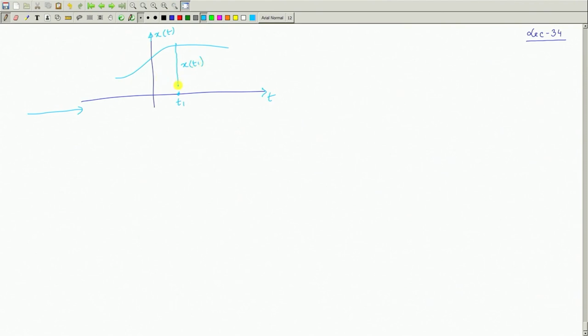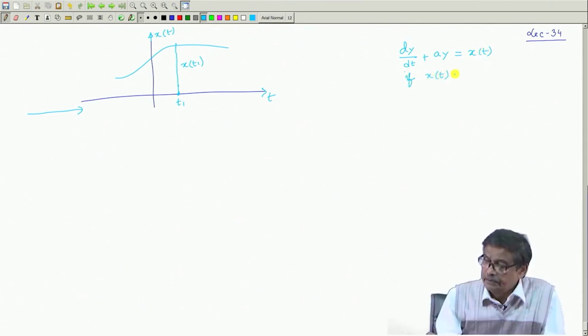For each value of time, you have some function value. But if your differential equation is of this type, for example, dy/dt plus a y, a first order differential equation, equal to x(t) in general, but if x(t) is an impulse function delta(t), how to get y(t)?